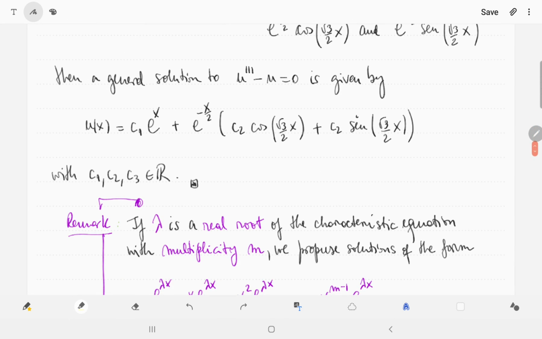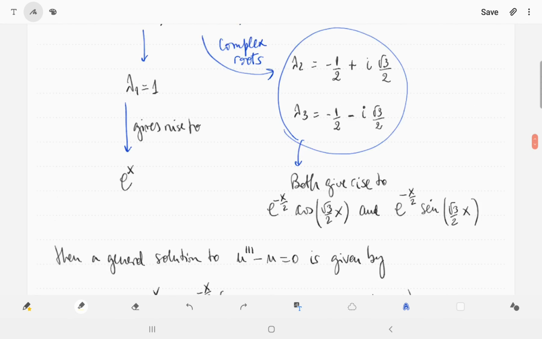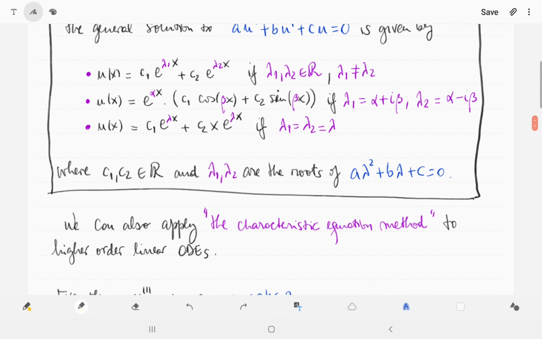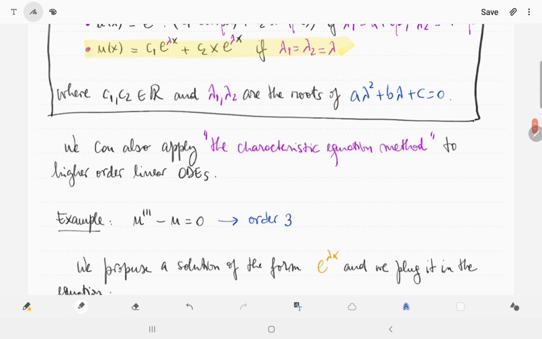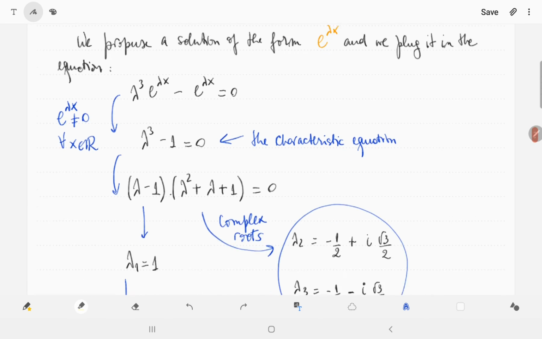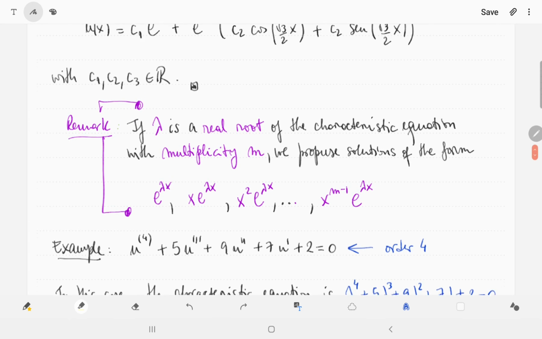There is a remark to be made, because remember this third case where there is only 1 root with multiplicity 2. That's maybe the hardest case, but just a remark about that.